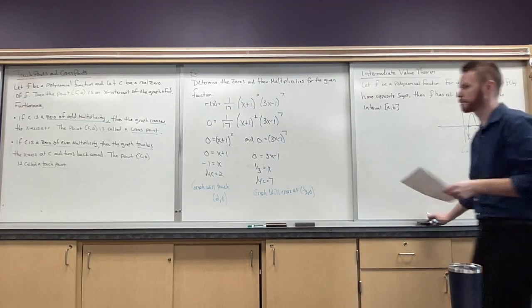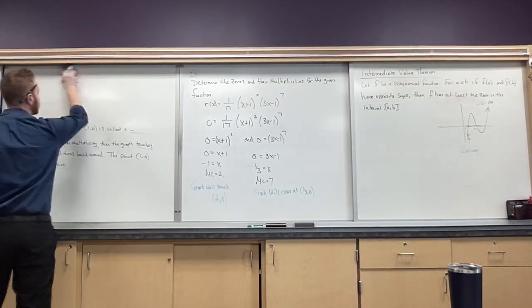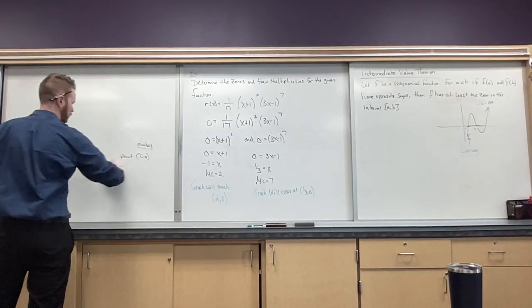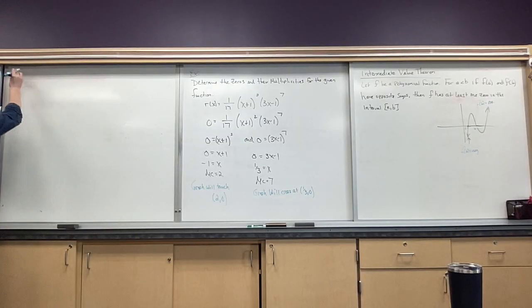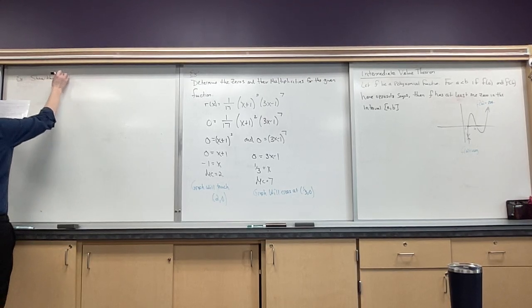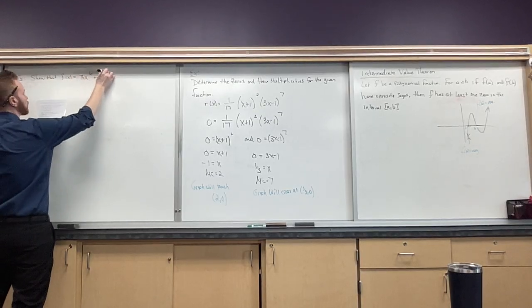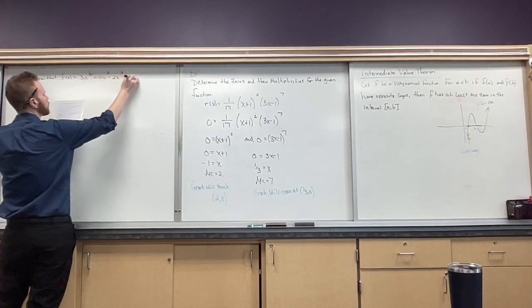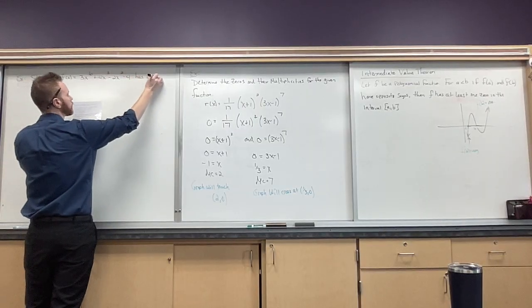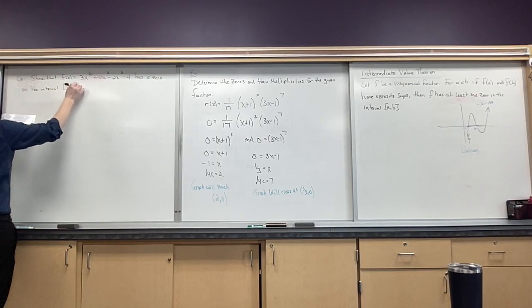So let's do an example. Show that f of x equals 3x to the 6th plus 4x cubed minus 2x squared minus 4 has a zero on the interval 0, 1.